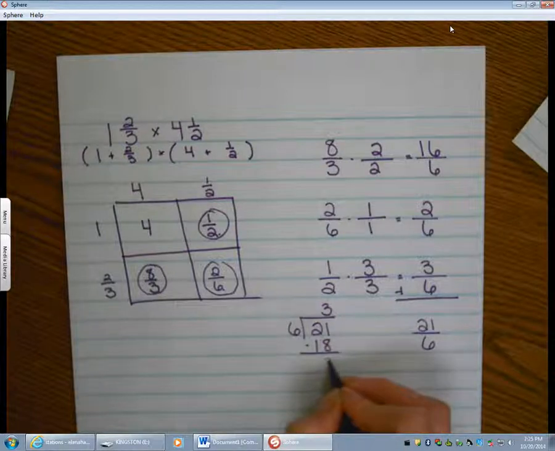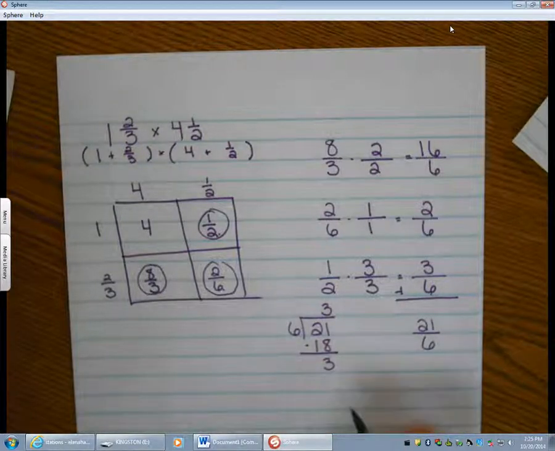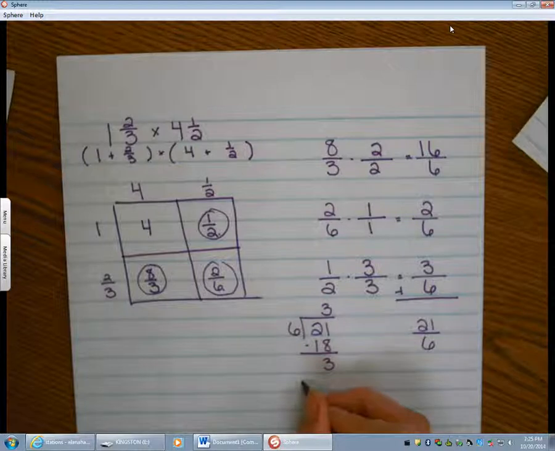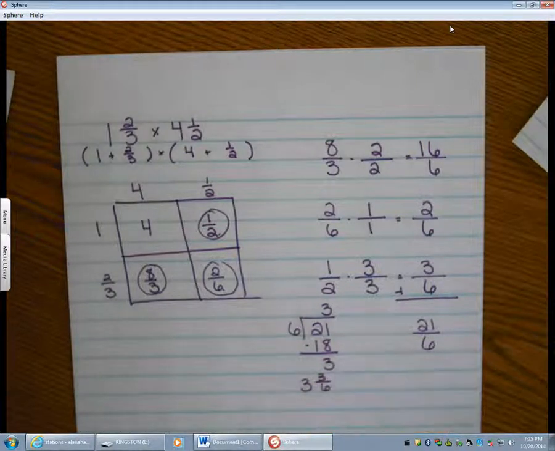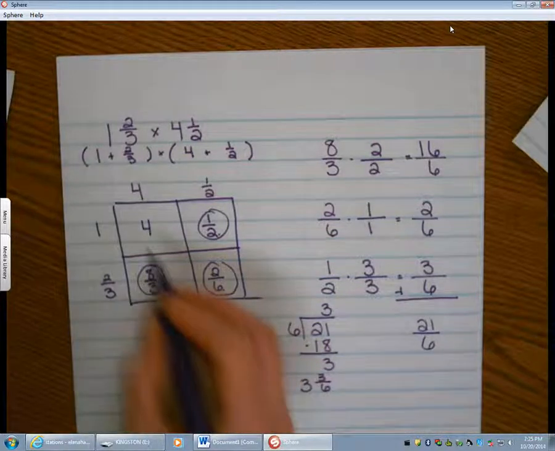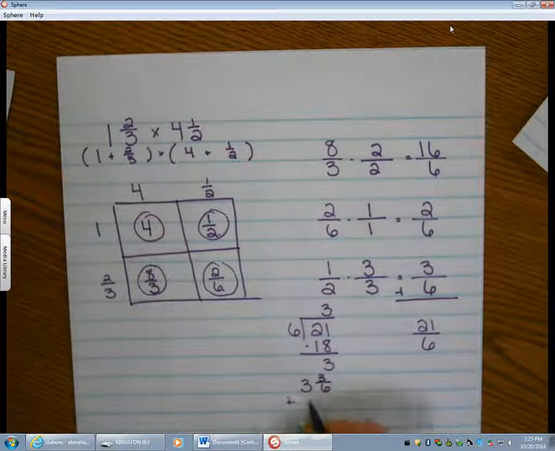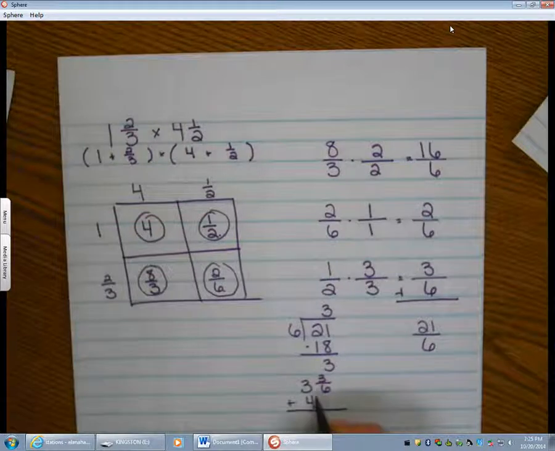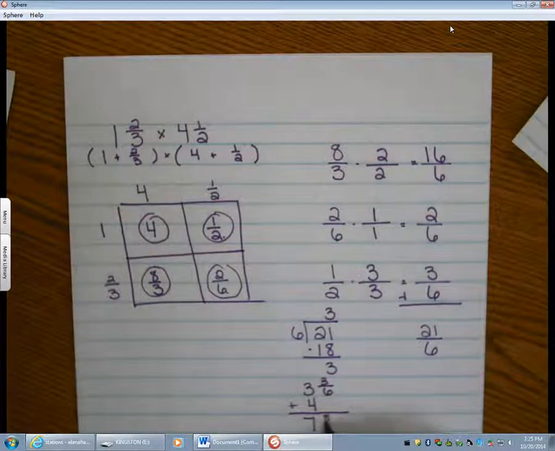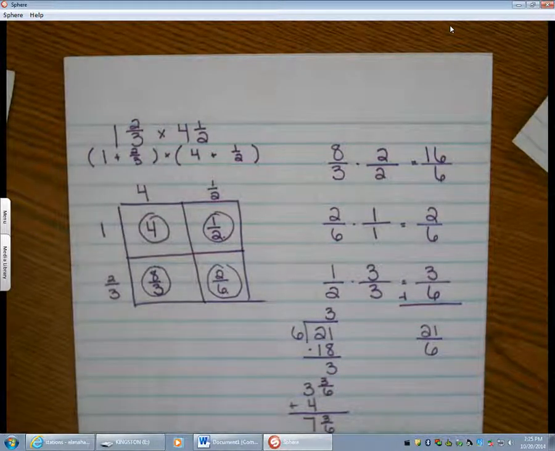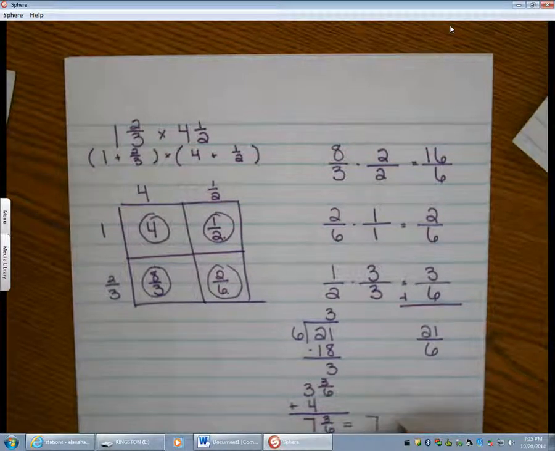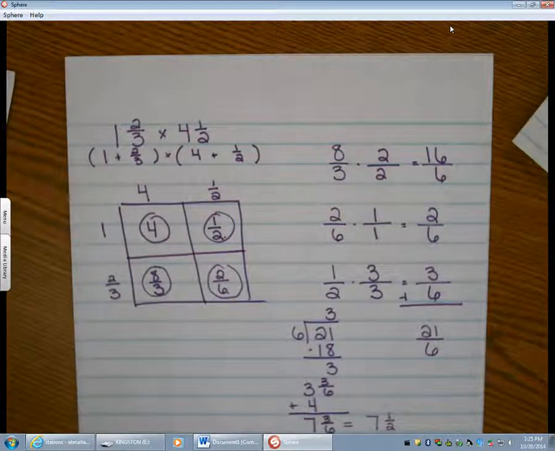And 3 left over. So I have 3 and 3/6 as my mixed number, plus my 4 whole that I have for my partial product, makes 7 and 3/6. And of course I need to reduce that to 7 and 1/2.